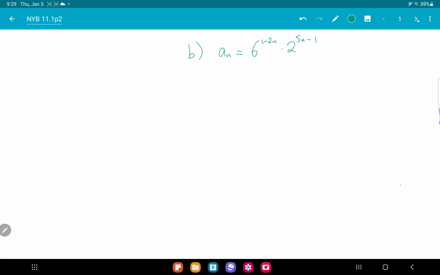Because I notice that the limit here is infinity. Okay, it's 2 to the power of infinity, if you want to think of it that way. And here you have 6 to the power of negative infinity.